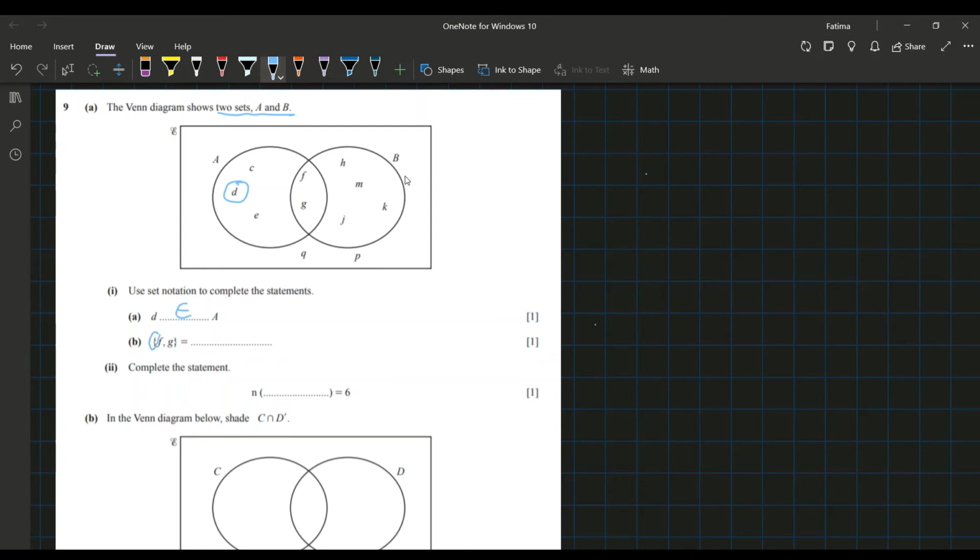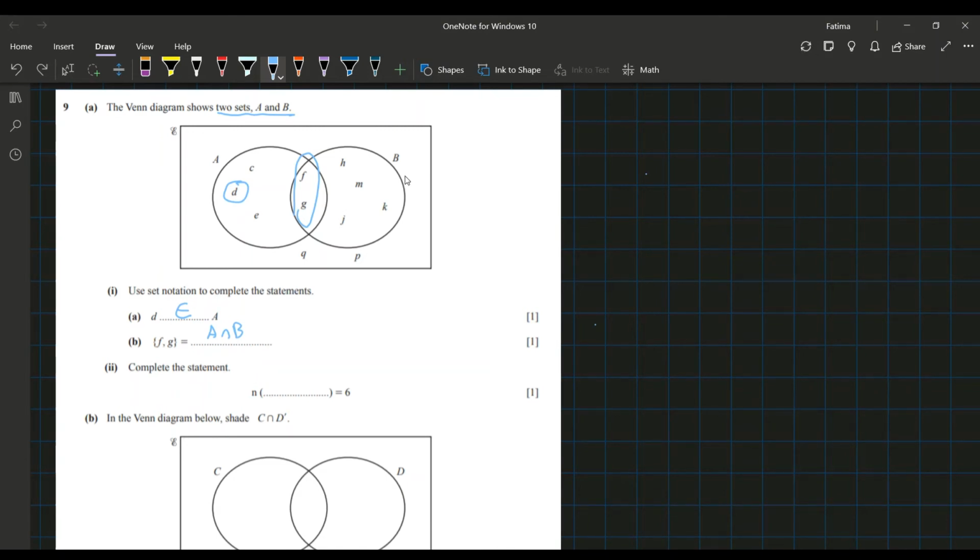Now we have two curly brackets containing f and g. The curly brackets represent the elements present in a certain section of the Venn diagram. So the section of the Venn diagram that only contains f and g is the common region between A and B, or where A overlaps with B or B overlaps with A, and that is A intersect B. So that can be represented by A intersect B. Now we have to complete the statement where n bracket, blank, bracket is equal to 6, and you should know that this represents the number of elements present.